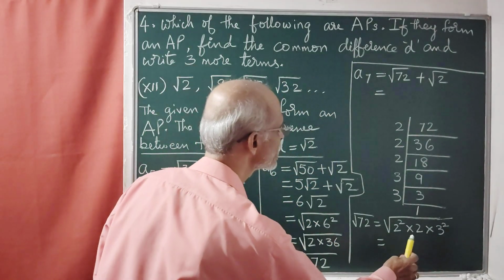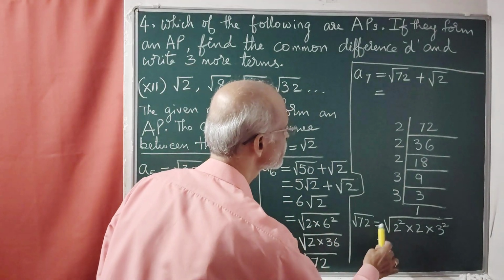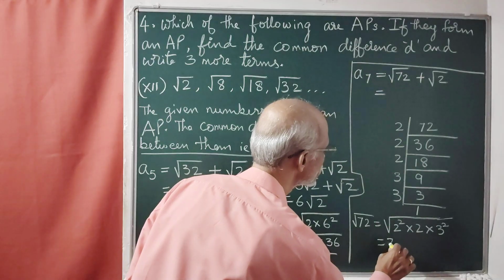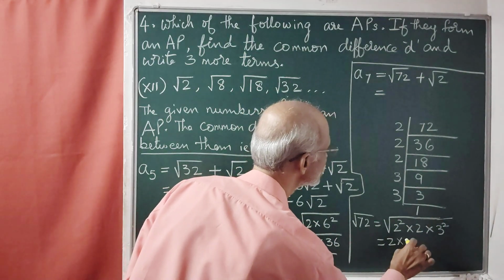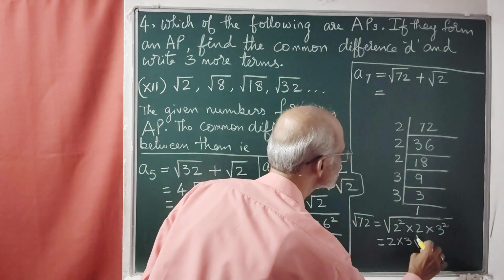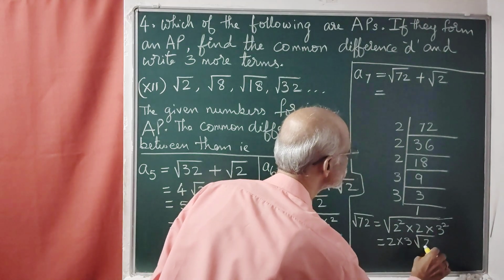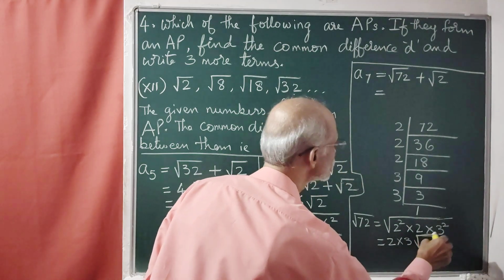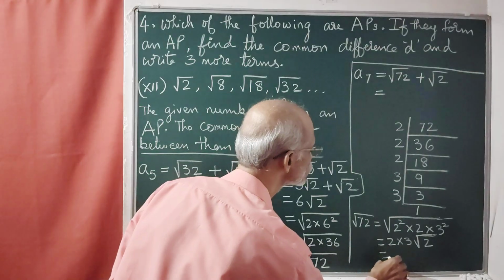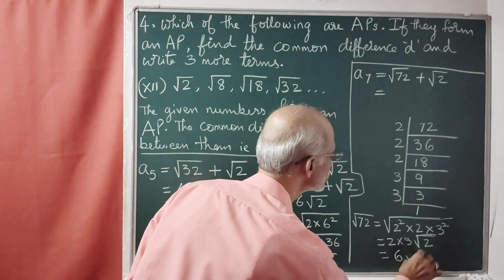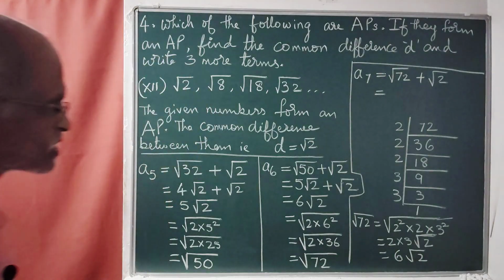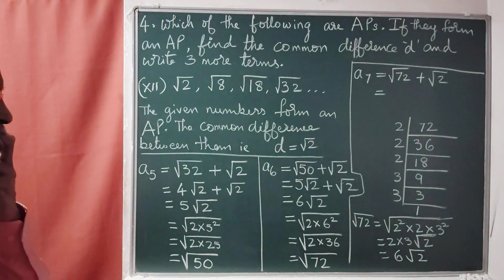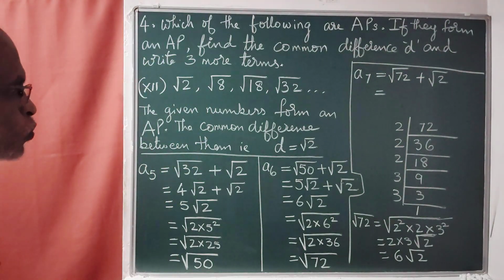Now I will bring 2 square outside, it will become 2. I will bring 3 square outside, it will become 3. And 2 will remain inside. We will get 6 root 2. The simplest form of root 72 is 6 root 2.